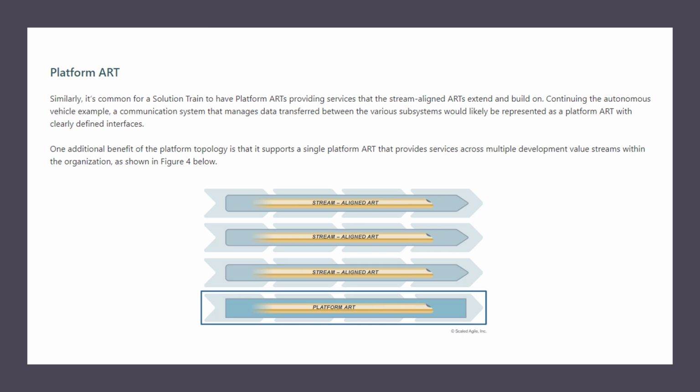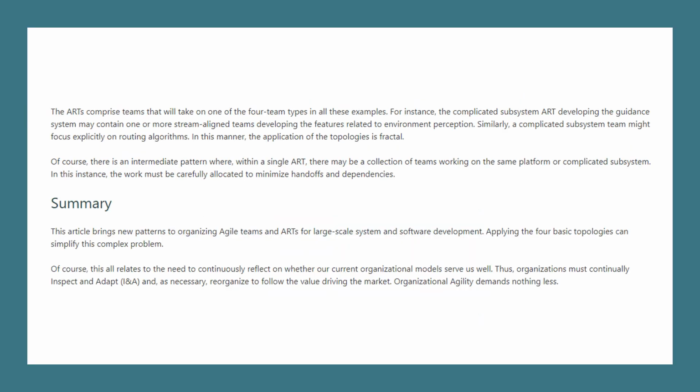One additional benefit of the platform topology is that it supports a single platform ART that provides services across multiple development value streams within the organization, as shown in this picture here. The ARTs comprise teams that will take one of the four team types in all these examples.